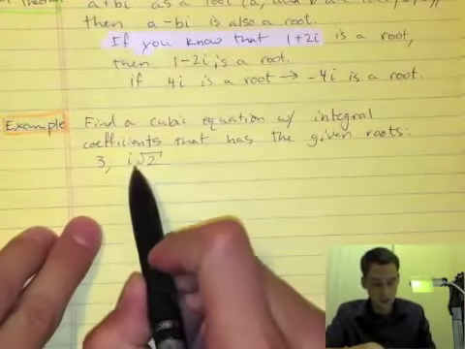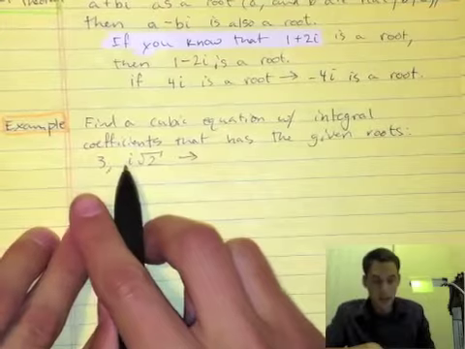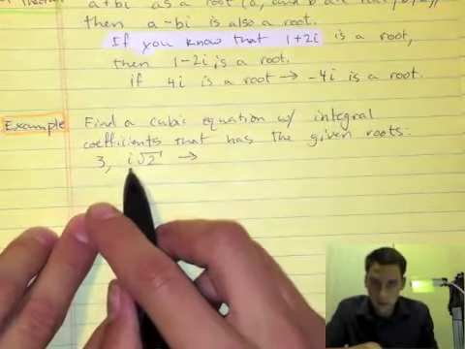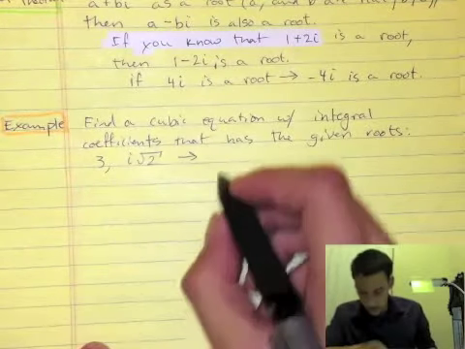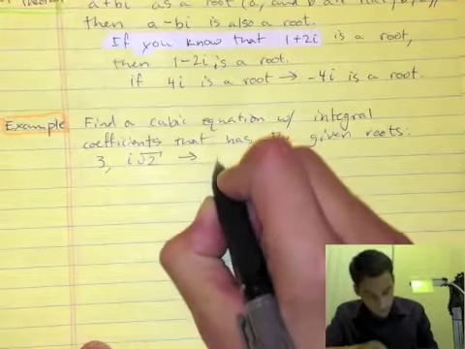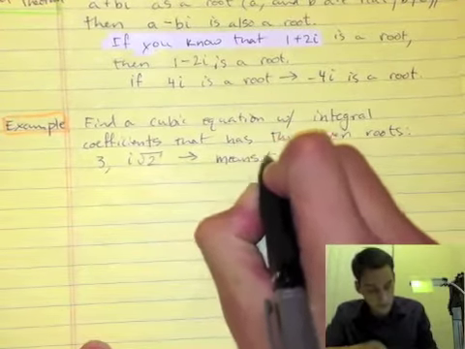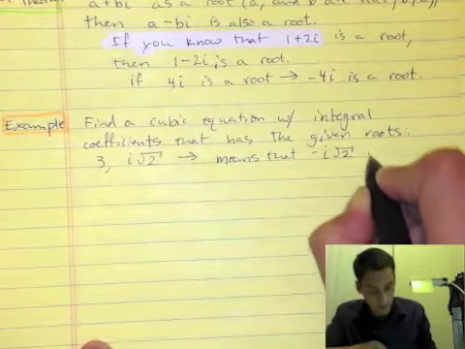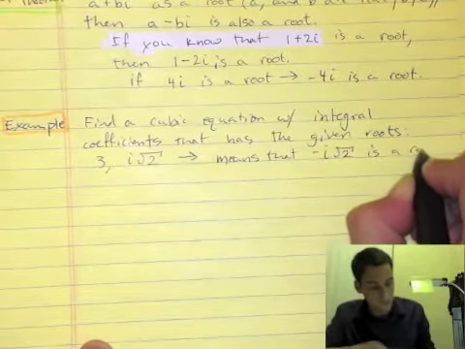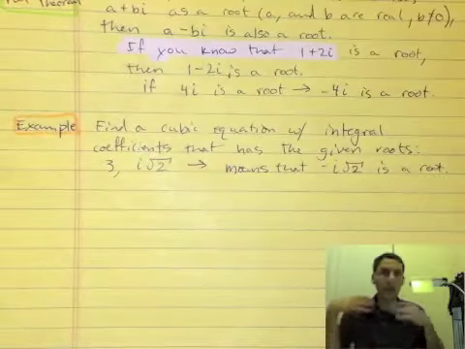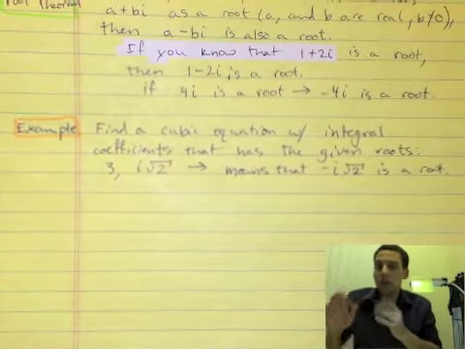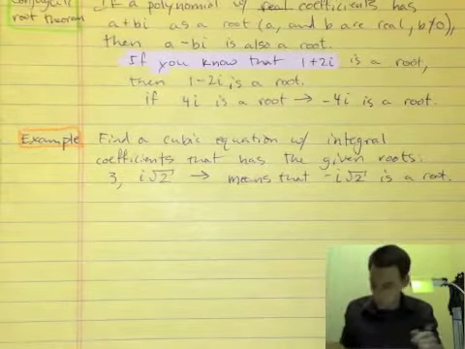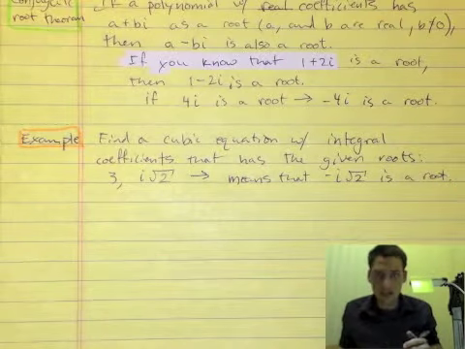So the conjugate of i root 2 is negative i root 2. This means that negative i root 2 is a root. Just from the theorem. Now we have 3 roots, which means we can make a third degree polynomial, which is what we want. A cubic.